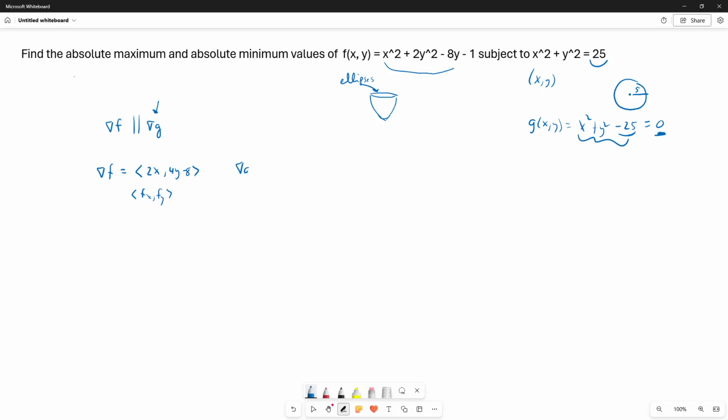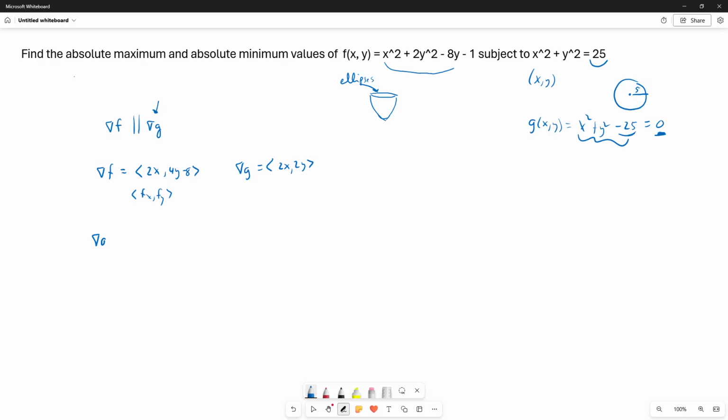And the gradient of g is 2x, that's g sub x, comma g sub y, 2y, and the constant contributed 0. The derivative with respect to x is 0, and the derivative with respect to y is 0 of the constant. Okay, so those are our two gradient vectors, and we want them to be parallel to one another, which means one of them is a multiple of the other.